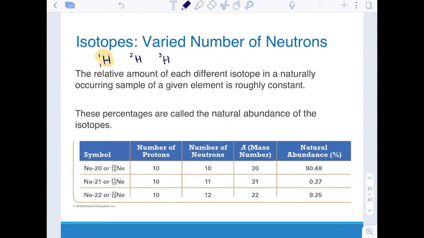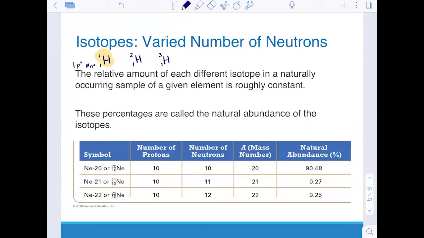So the mass number is 1 and the atomic number is 1. So 1 proton, no neutrons. Bummer. For H2, atomic number is still 1, but now the mass number is 2. So we know that we have 1 proton and 1 neutron. With H3, atomic number is still 1, mass number is 3. So we know we have 1 proton and 2 neutrons.